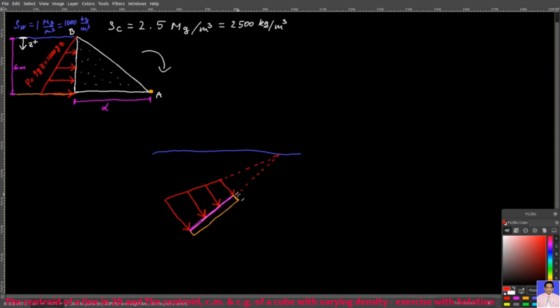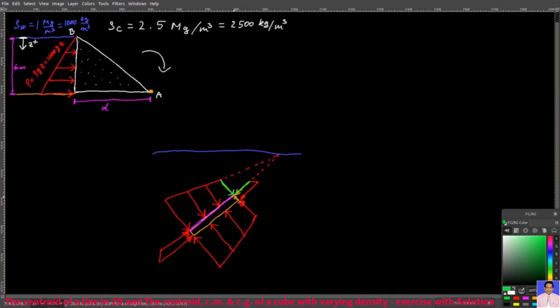Note that we're only considering one side of the plate, but of course you will have pressure on other sides as well, like for example on this side, and then you have the same thing on this side and on this side.